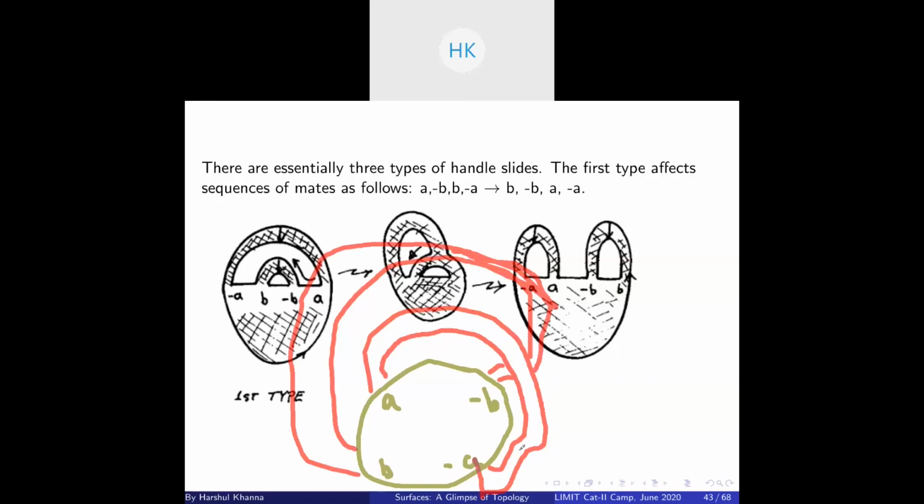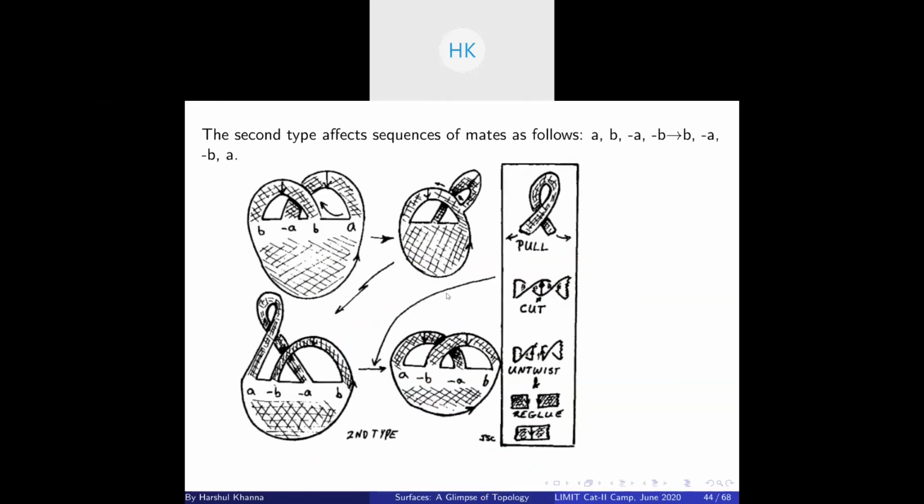You can see why this cannot be a planar surface via toroidal hole. So essentially you get this B, minus A, B, A. So you get this as a toroidal hole. So what you do is basically slide A over B and bring it to the other side. That gives it a twist.